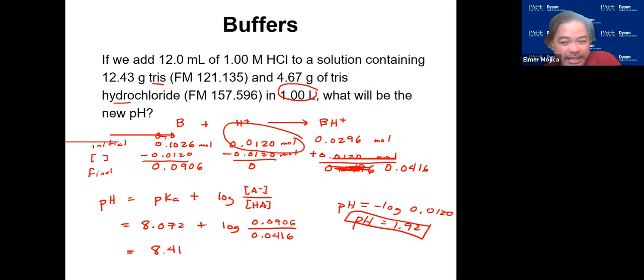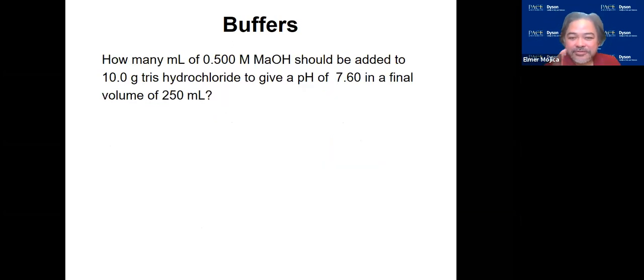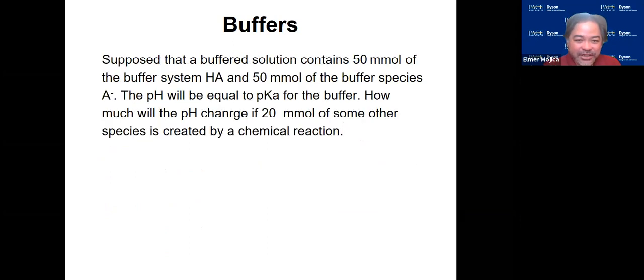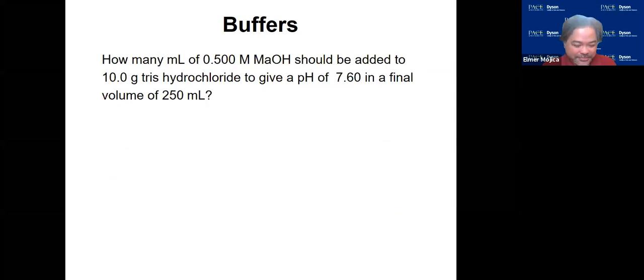Okay. And what do you think is the buffer system that we have in our body? Anyone? Before we solve the second to the last problem that we have here, what do you think is the buffer system in our body? Anyone?